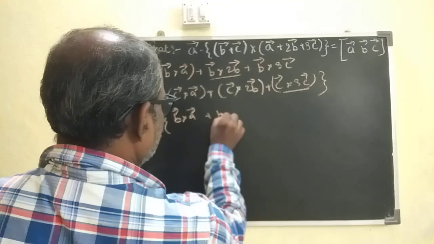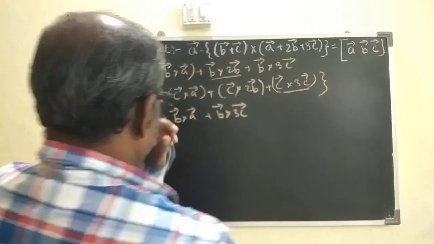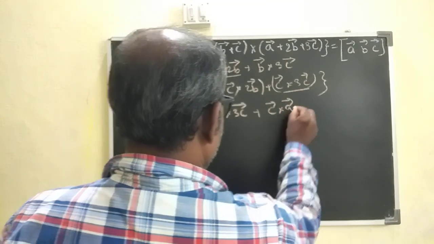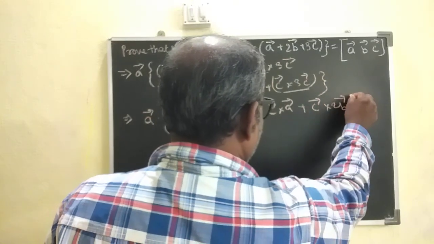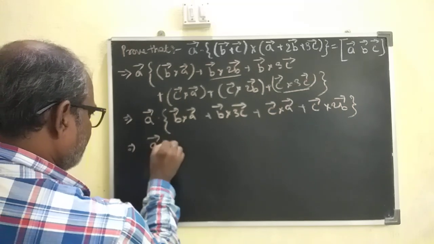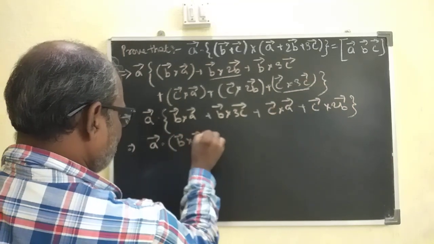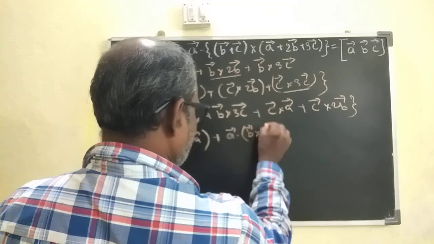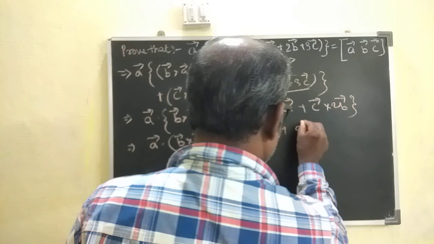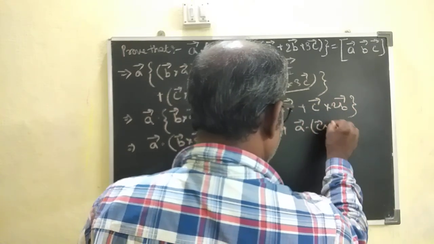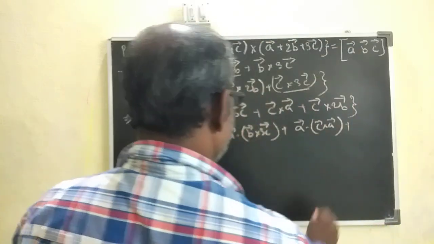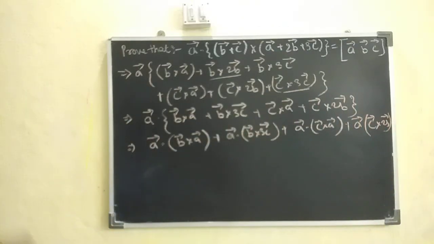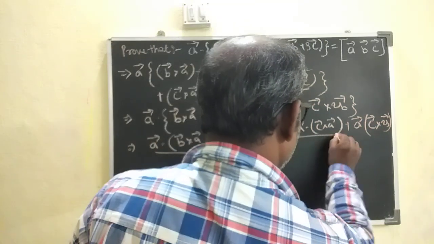vector, from here we get here. So from here again we can see that this portion is equal to 0 and this portion equals to 0.